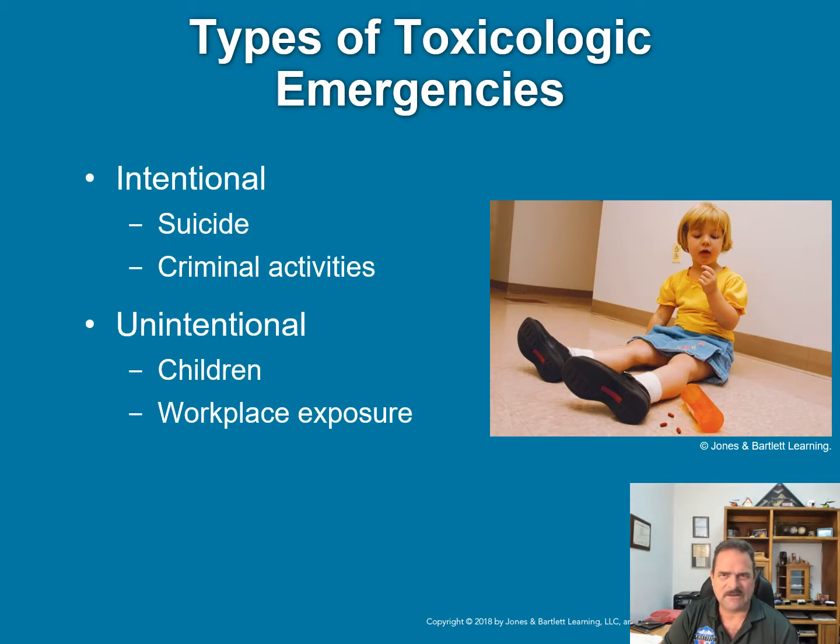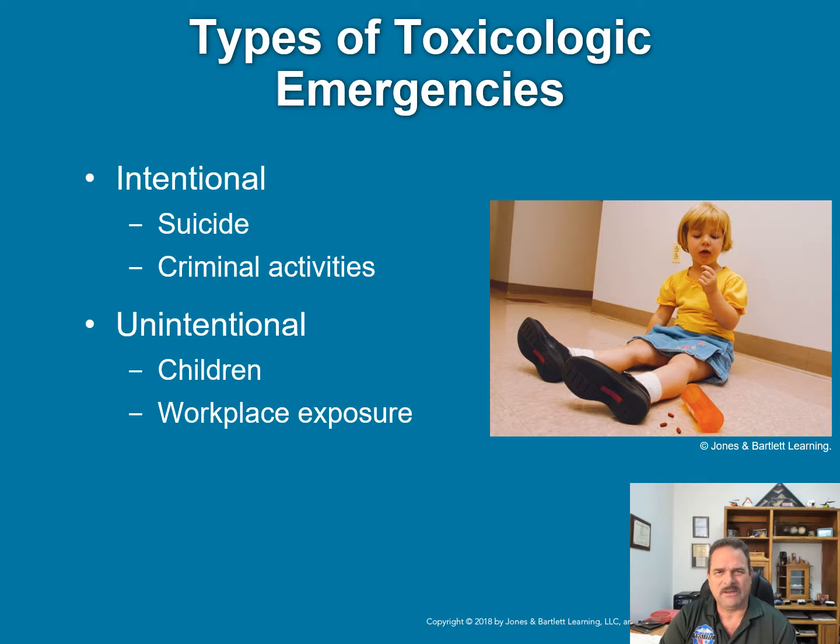So, types of toxicological emergencies. Toxicological emergencies usually fall under one of two categories. Intentional, which would include suicide and criminal activities, also date rape drugs such as Rohypnol, and also chemical warfare. And then unintentional, which is more common and can occur in many ways, including neglect, oversight, idiosyncratic reaction, and confusion about one's drug regimen or the patient's medications.